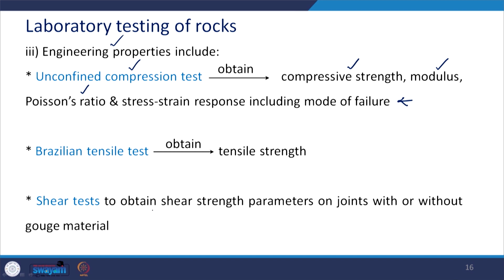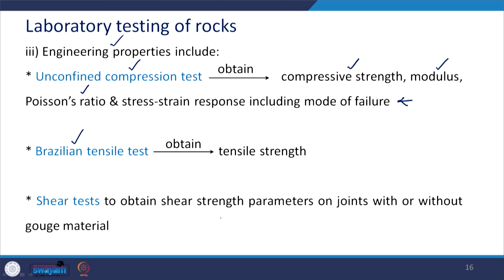Then the second test is the determination of the tensile strength using the Brazilian tensile test. This is an indirect test where the specimen is subjected to compressive load, but what we get is the tensile strength.